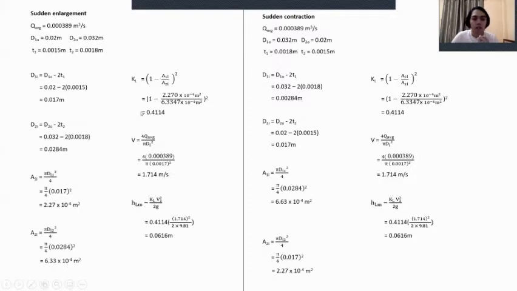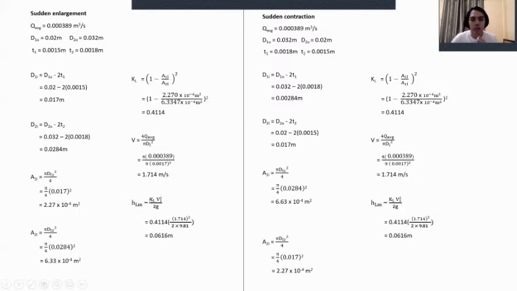Then we can calculate the value of the loss coefficient using this formula, which is 1 minus area 1 over area 2, squared. So we will get a loss coefficient value of 0.4114. Then we also need to calculate the velocity, using the formula 4 times the Q average over pi d squared, which gives 1.714 meter per second.